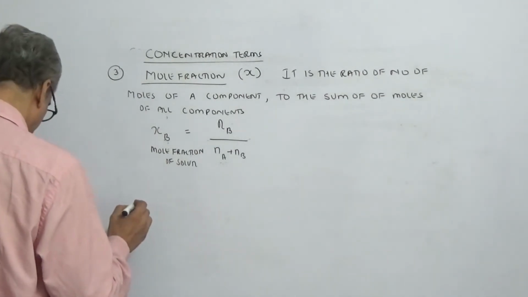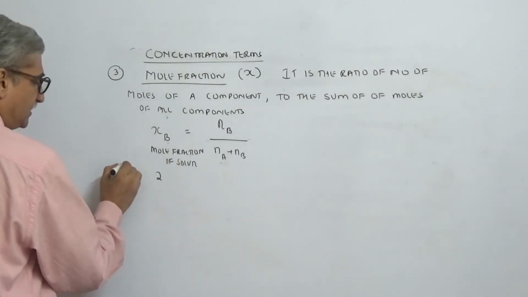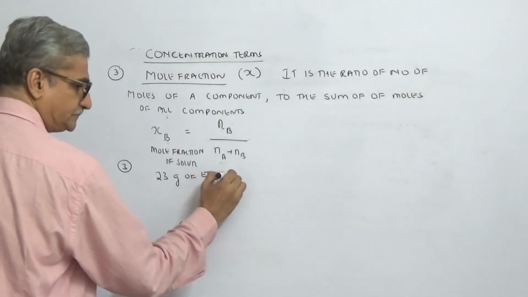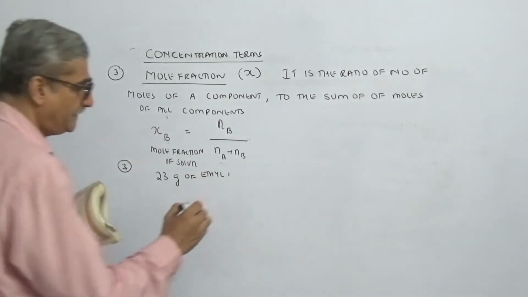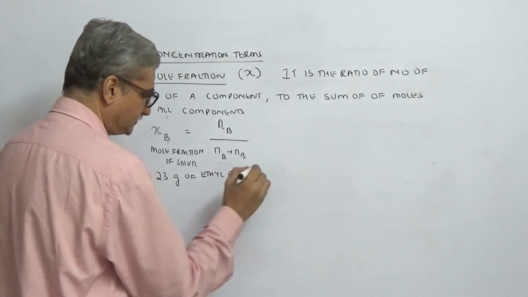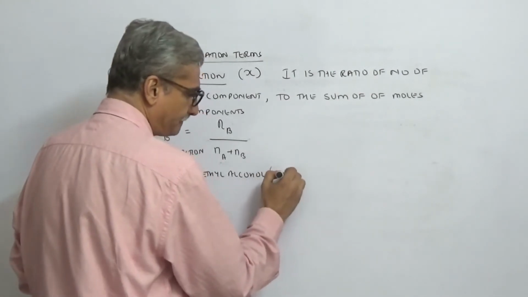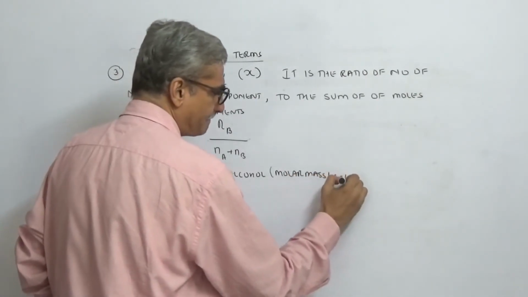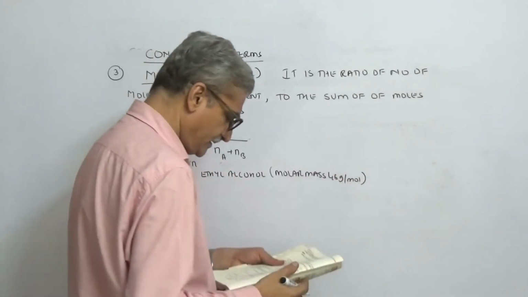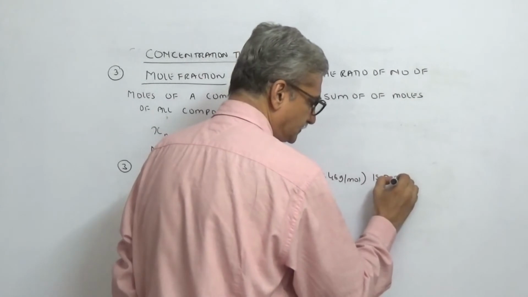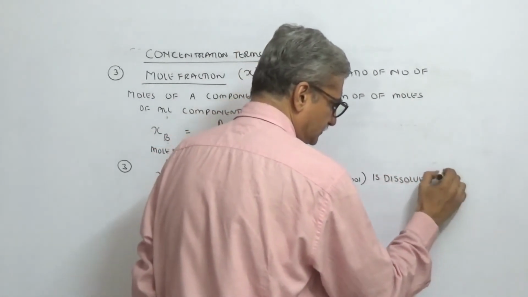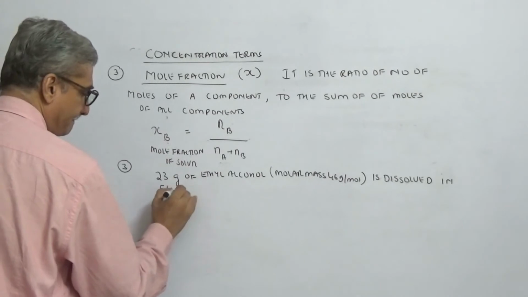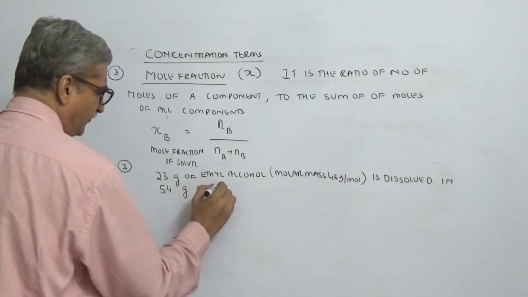So what we have now over here is, this is the third problem, correct? 23 grams of ethyl alcohol, molar mass 46 grams per mole, is dissolved in 54 grams of water.